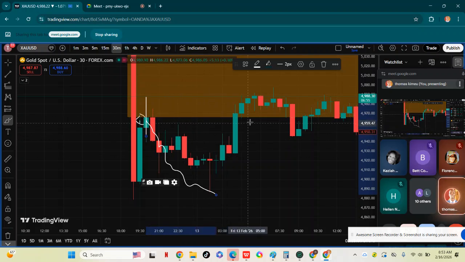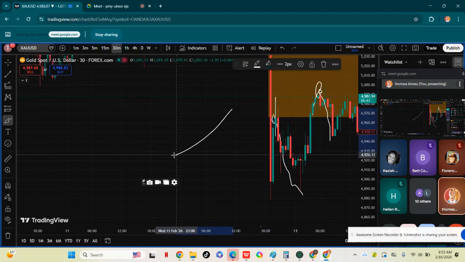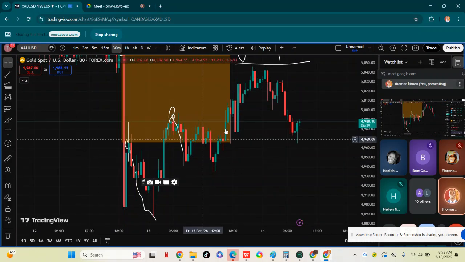Again, when the market came up again at this level, tapped the fair value gap, just anywhere within the fair value gap, there was another drop. So all those are sell entries, now for a bullish market. So anytime the market comes and taps this fair value gap, there's usually this drop, another drop again.